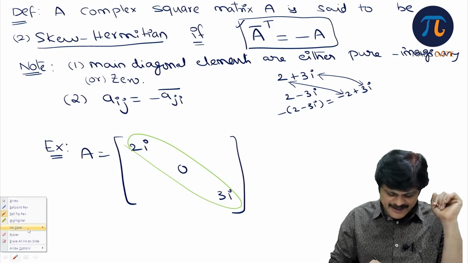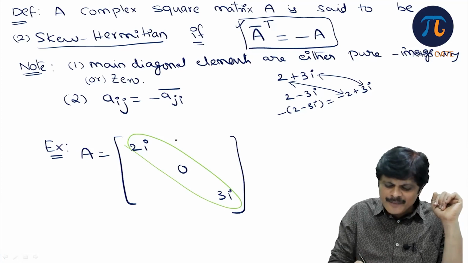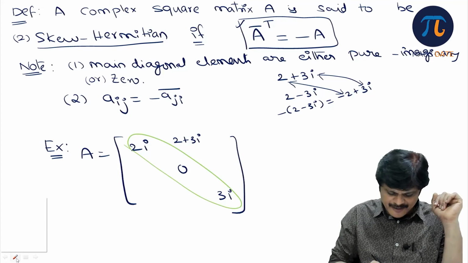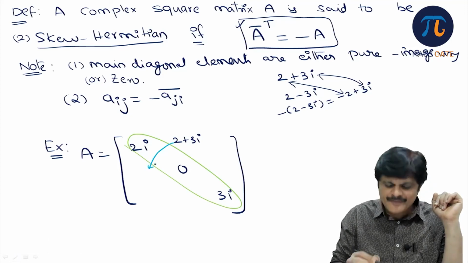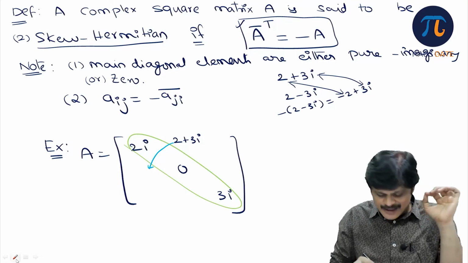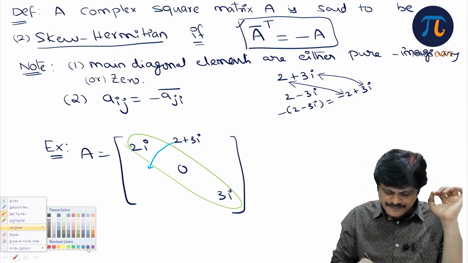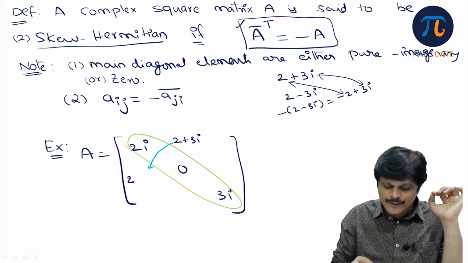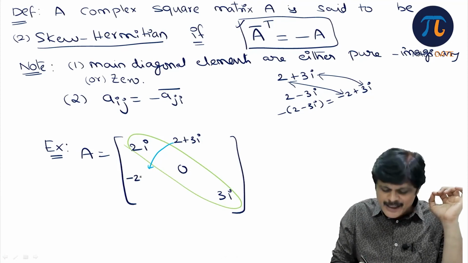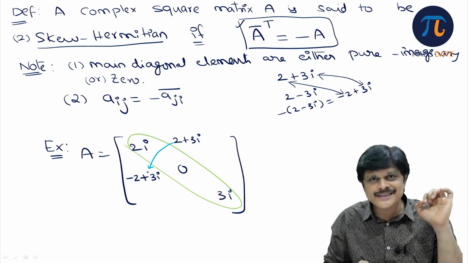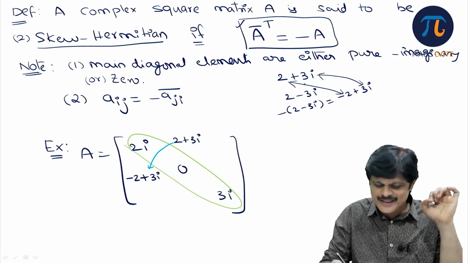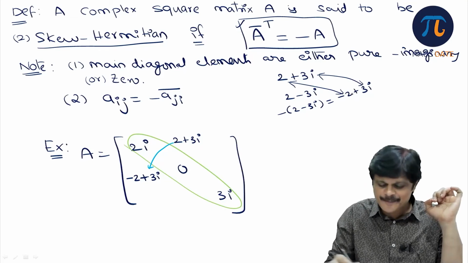That is, if one of the elements is 2 plus 3i, what must be its mirror image? Real part sign must be different, imaginary part sign must be the same, because it is minus conjugate. 2 plus 3i means it is minus 2 plus 3i.